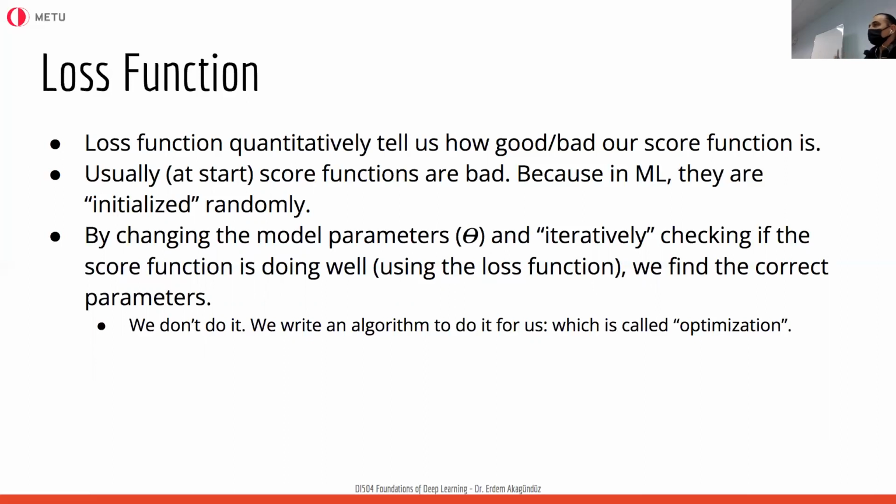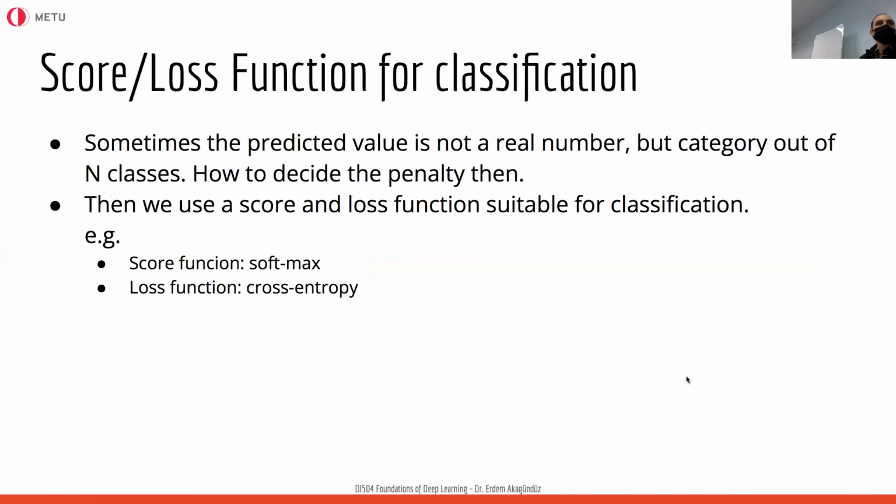I mean, you can do it instinctively in your brain because your brain has trillions of parameters which were trained during your entire life, but you don't have the capacity to control it. And we need a mechanism to do it mathematically so that we could imitate, model and emulate it in our models. Because we don't do it, we write an algorithm to do it for us, which is called optimization.